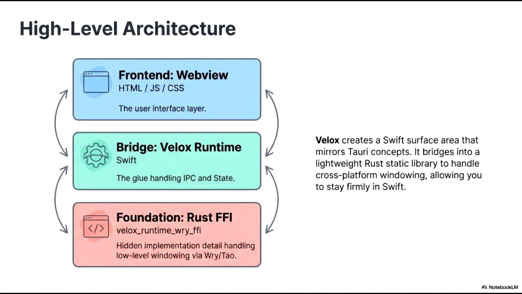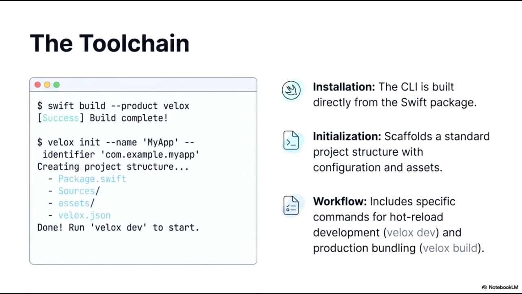Velox creates a Swift surface area that mirrors Tauri concepts, bridging into a lightweight Rust static library. Finally, at the base is the foundation layer, which utilizes a Rust foreign function interface. This hidden implementation detail handles low-level cross-platform windowing via Wry and Tao, allowing developers to build robust applications while staying firmly in Swift. Now, let's take a look at the toolchain.